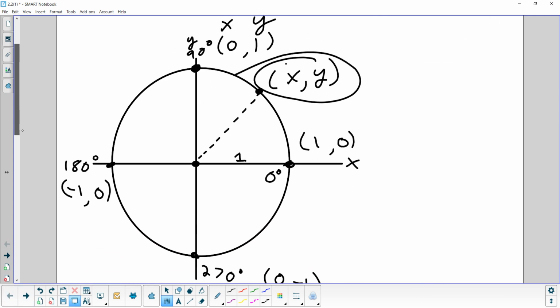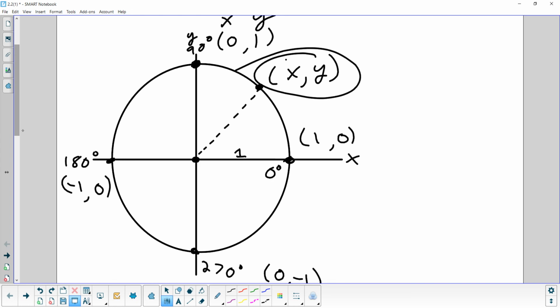Does it match up with any of those 4? 0, 90, 180, or 270? How about Cassie? What do you think? No. It doesn't match up with one of those 4, which means it's not the coordinate for 0, 90, 180, or 270. What is it the coordinate for? Don't worry about it. It doesn't matter. You don't need to know what it's for. It's for something. But the important thing is that you have the coordinate. You don't need to know what angle it represents.